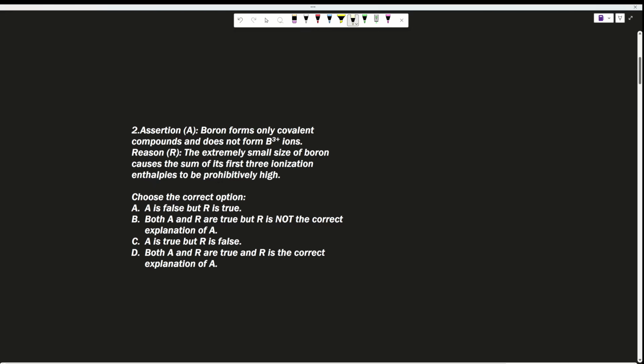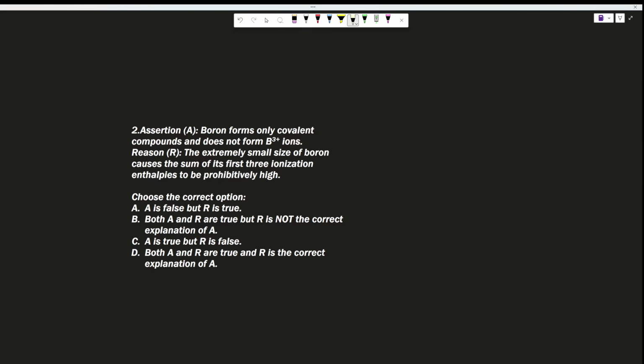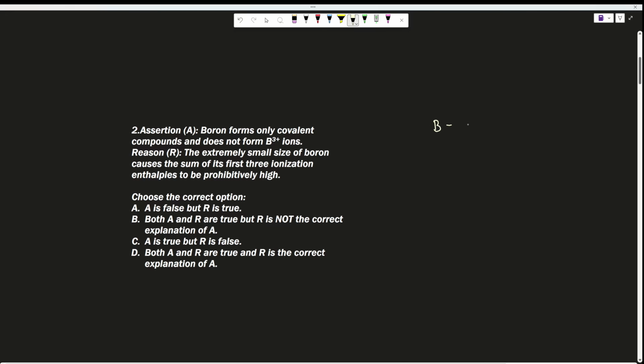Here the assertion says boron forms only covalent compounds and does not form B3+ ions. The reason says the extremely small size of boron causes the sum of its first 3 ionization enthalpies to be prohibitively high. See, boron is a second period element.